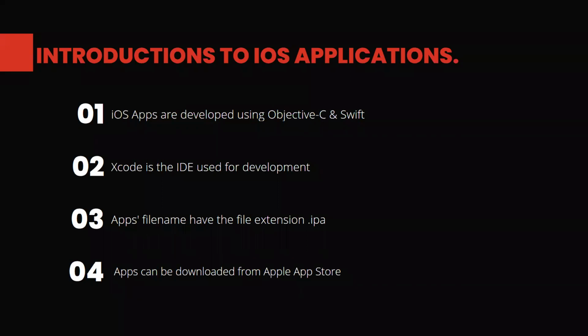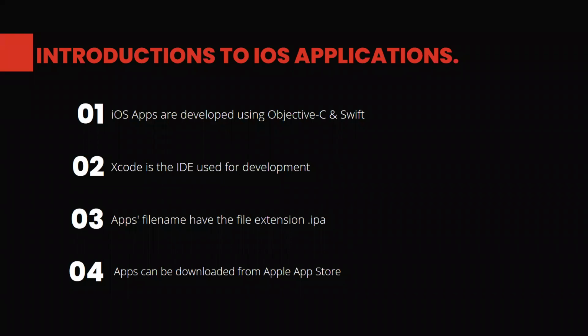About Objective-C, it is the older language, and the latest is Swift. Applications developed earlier, probably 4 to 5 years back, were fully developed in Objective-C. This is the language we used to have.